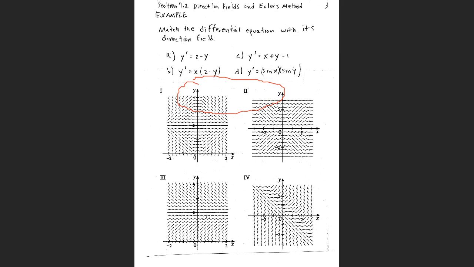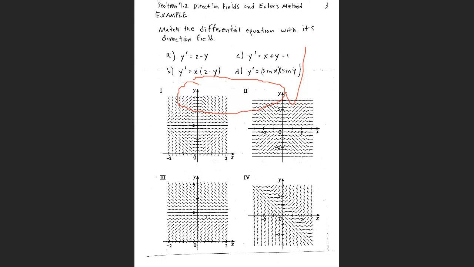So that means along the horizontal line y equals 2, if a direction field is a direction field for this first differential equation, then slopes have to equal 0. They have to be flat.